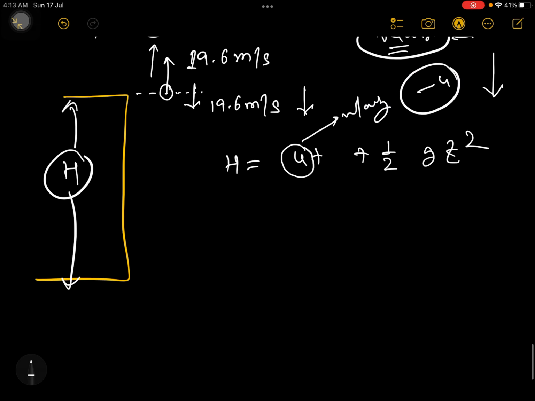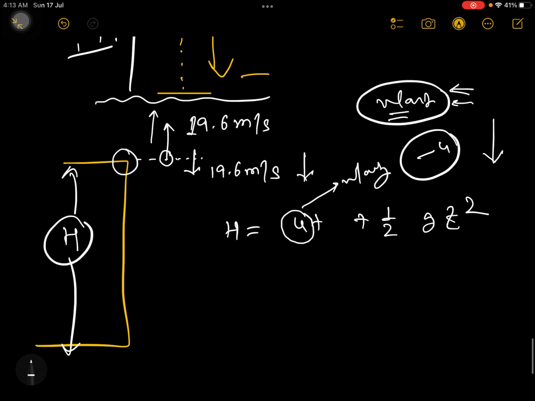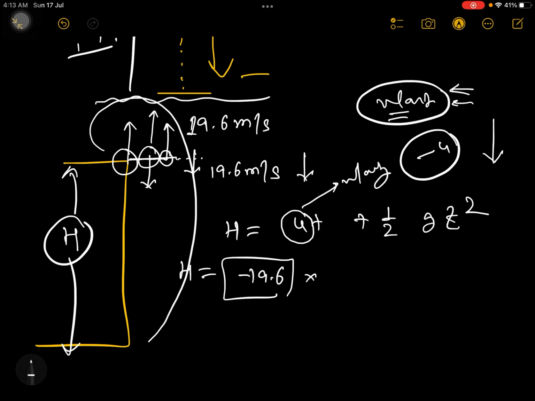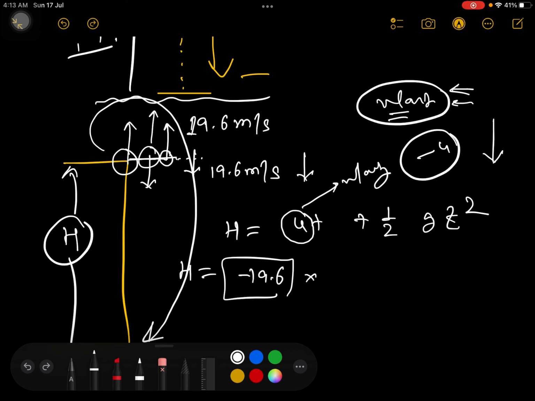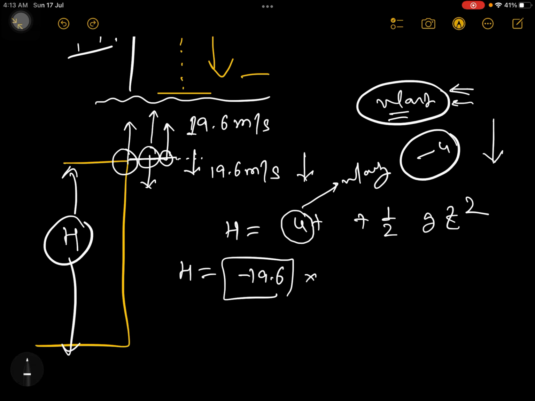Okay, so I hope it's clear. In the beginning this ball was going upward, now this ball will go downward, so I consider this velocity as negative velocity. So the height is now, fill the data. h is equal to minus 19.6 as your velocity, into the total time, which is given as 6, from here till here. So the same time, the entire time 6, I will take here.